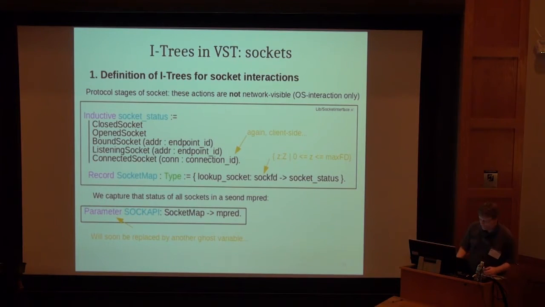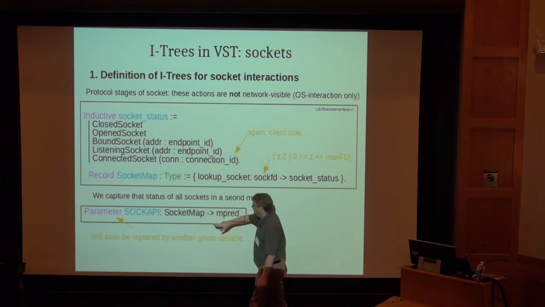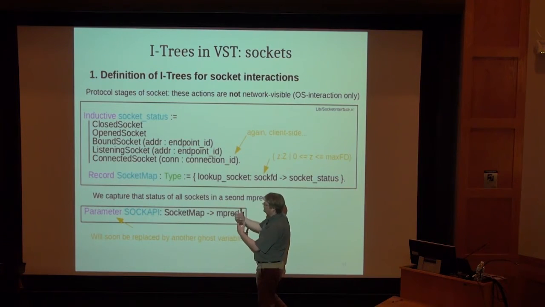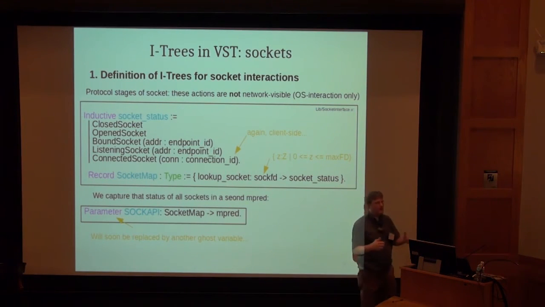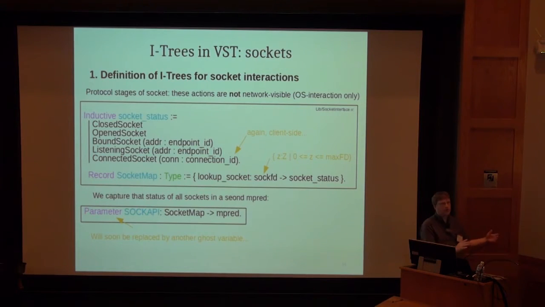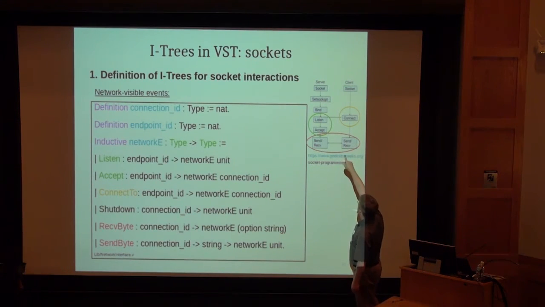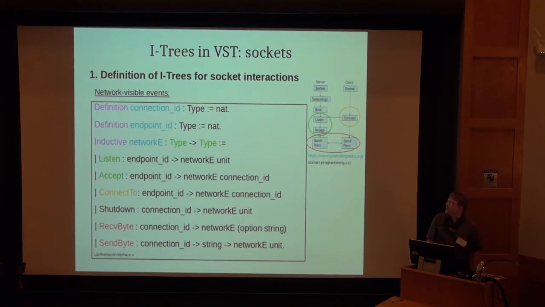So we define a second separation logic predicate that will keep track of how the sockets themselves evolve over time, rather than the external view of the network. And this ST component, as it will be called in the next slide, will also be applicable to those first operations that are not visible on the network, but just concern the negotiation between the program and the operating system.